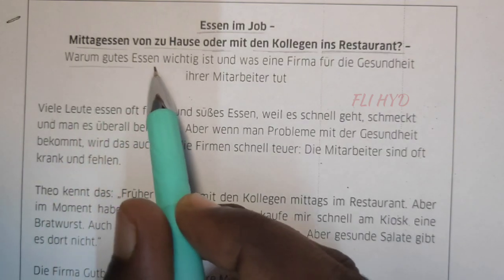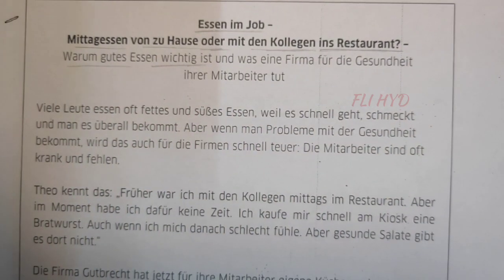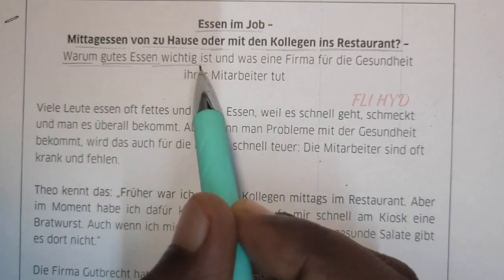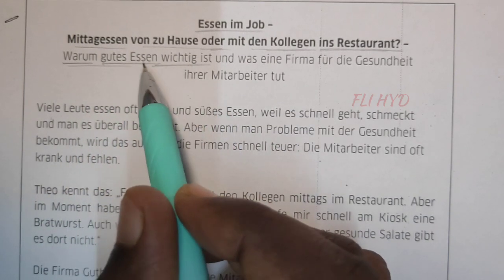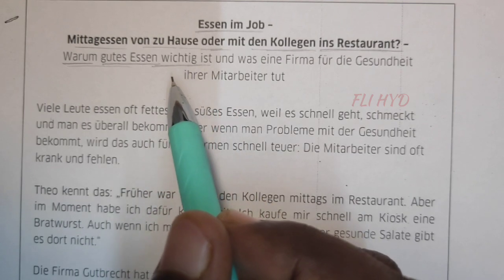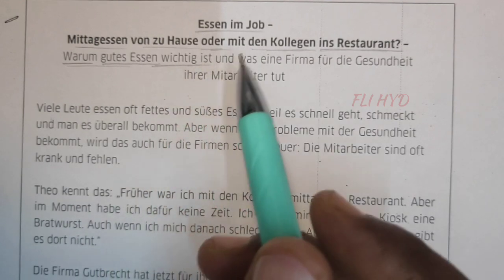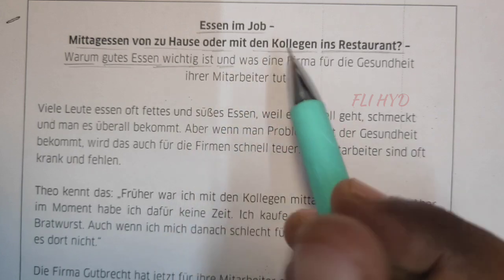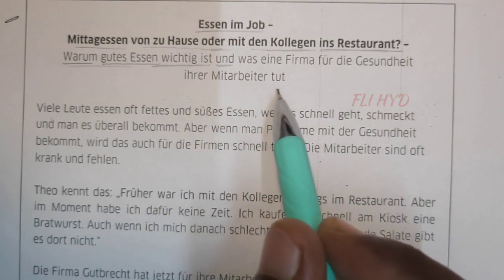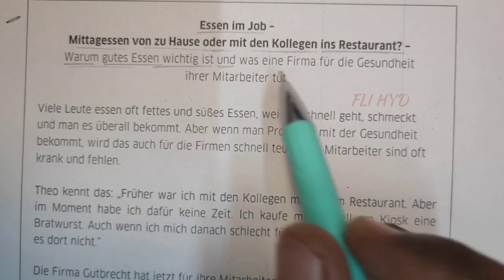Warum gutes Essen wichtig ist? Warum like why? Gutes Essen wichtig ist. Gutes Essen, good food. Wichtig, important. Why the good food is important. Und was eine Firma für die Gesundheit ihrer Mitarbeiter tut.